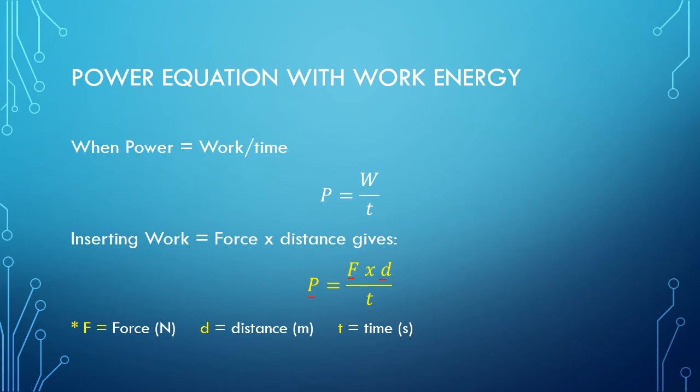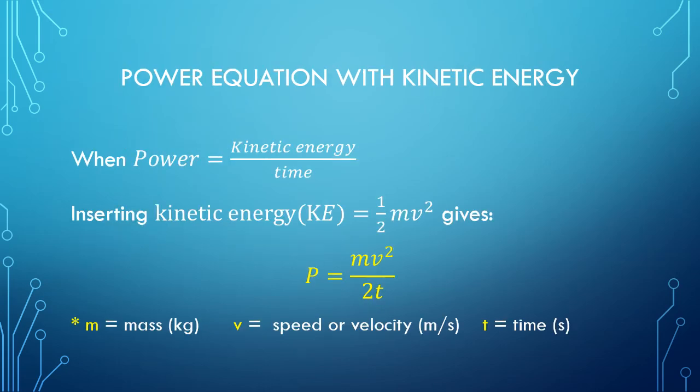So that's how we get power is equal to F times D divided by T. The next equation on your equation sheet is representing kinetic energy divided by time. To solve for power with kinetic energy, you're going to take the mass in kilograms times the velocity squared, don't forget to square it, and divide it by 2 times T.